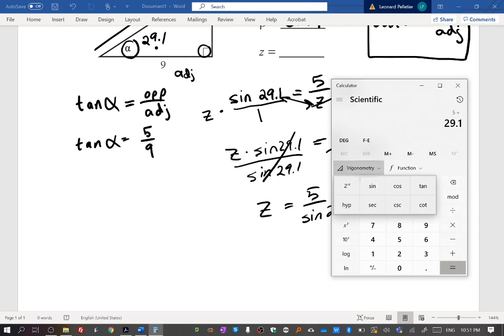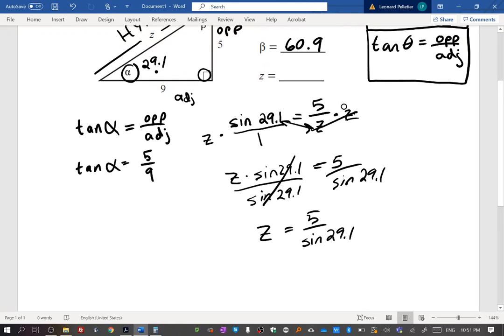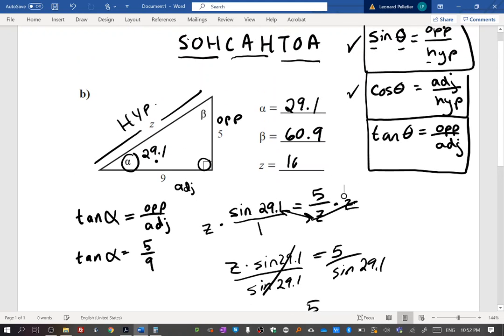If we have the angle, we use regular sine. If we have the ratio, we use inverse sine. So I'll take the sine of that, and then 5 is divided by that. The answer is 10.28, so 10.3, I guess. That seems pretty reasonable. So 10.3 is what that works out to be. So I scroll up, that's 10.3.